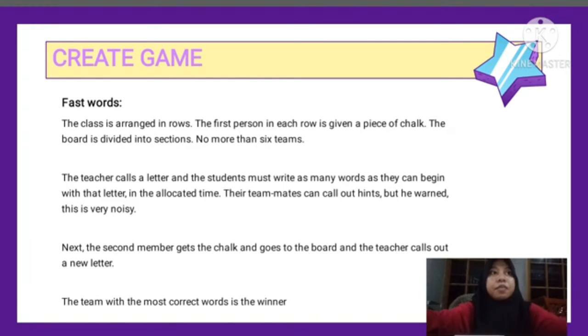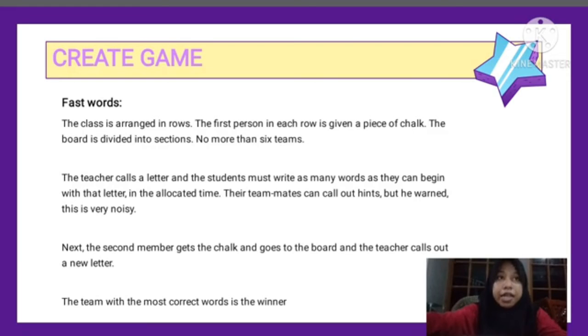Next, passwords. The class is arranged in rows. The first person in each row is given a piece of chalk. The board is divided into sections for no more than 6 teams. The teacher calls a letter and the students must write as many words as they can that begin with that letter.